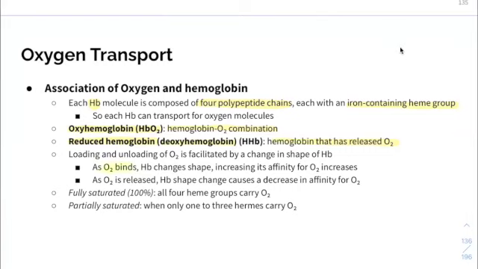So when oxygen binds, we need to increase that affinity; we need hemoglobin to attract that oxygen and hold on to it. But as oxygen gets released, we have to decrease our affinity for oxygen. So it changes shape so it doesn't have places for oxygen to bind as easily. We need that oxygen to leave. We need that oxygen in our tissues, in our muscles, so we can do different things.